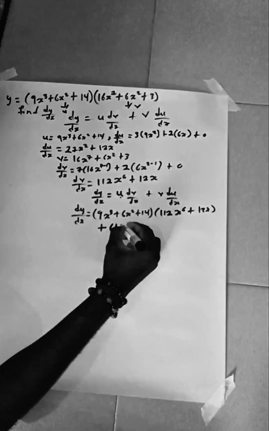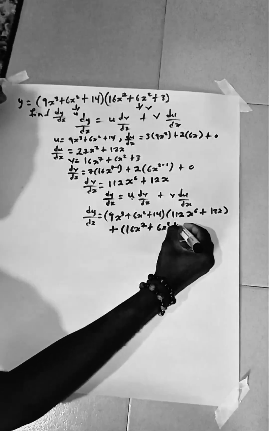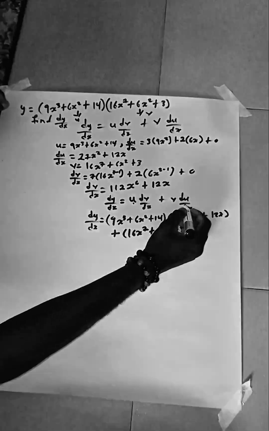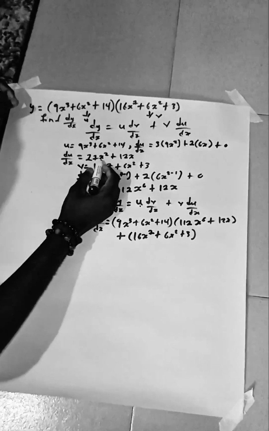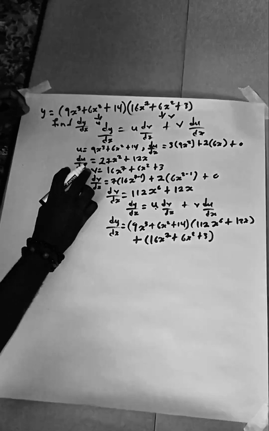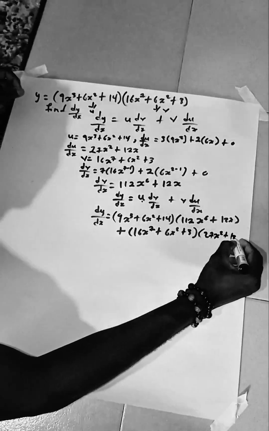So we have 16x raised to the power 7 plus 6x squared plus 3 multiplied by our du by dx, and du by dx was 27x squared plus 12x, as we established here. So we have 27x squared plus 12x.